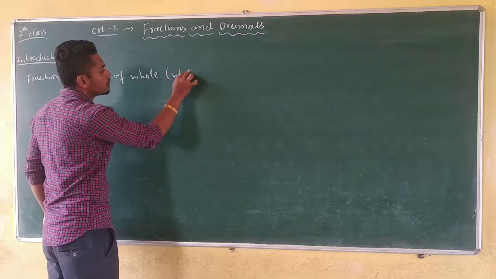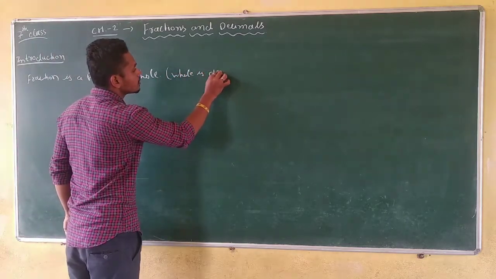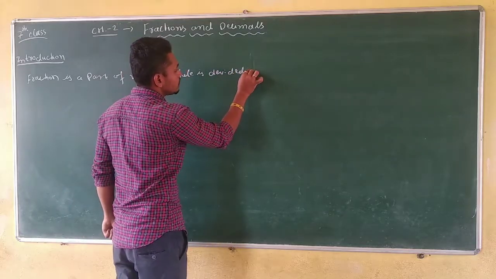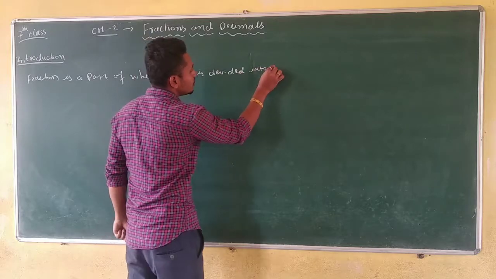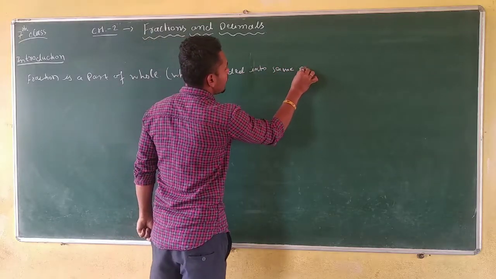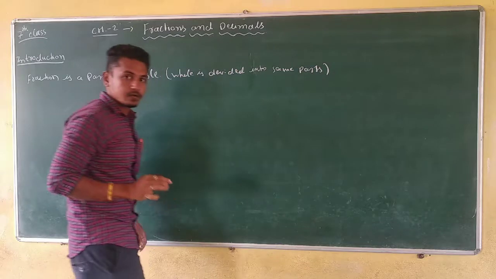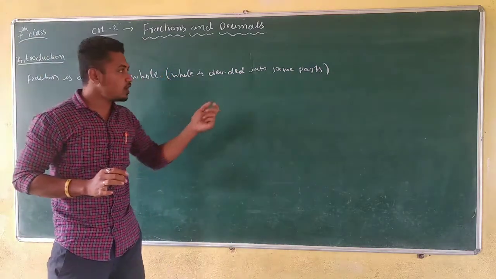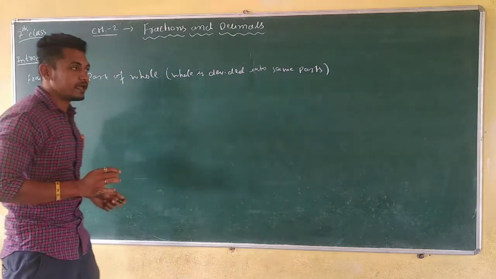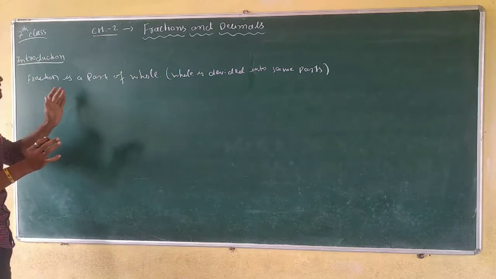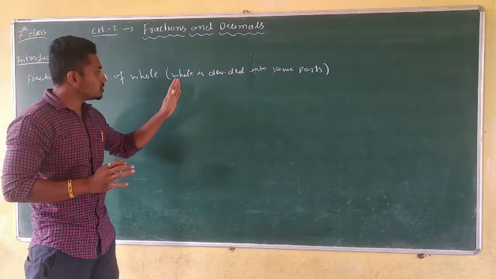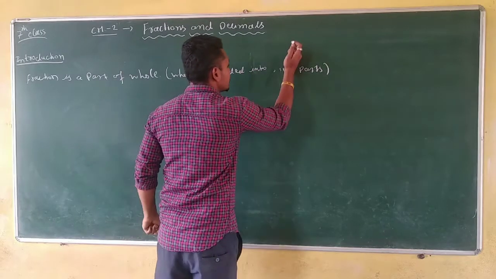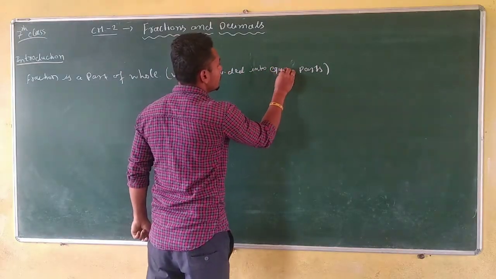The whole is divided into same parts, which means these parts should be equal. What is a fraction? A fraction is a part of a whole, and the whole is divided into equal parts or same parts. What are same parts? It is equal parts.